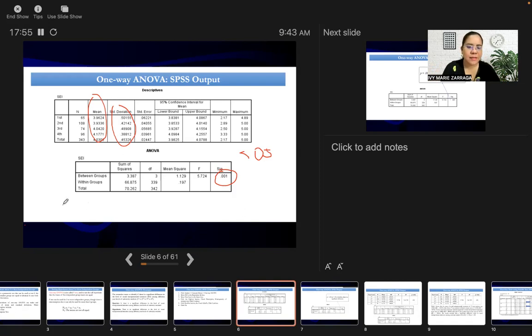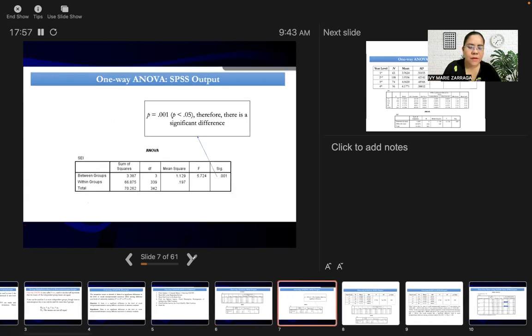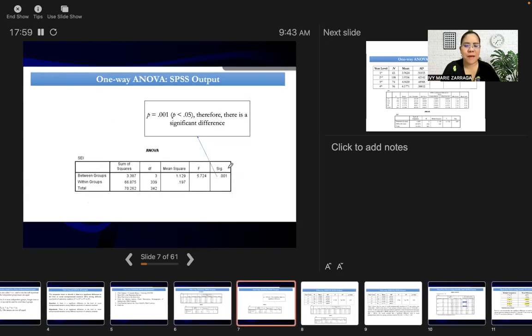So pag ganyan, ayan. So less than 0.05, therefore there is a significant difference. So may pagkakaiba. Pero hindi masasagot ni ANOVA saan may pagkakaiba. Ang madalas ginagawa na lang ay yung sa mga researcher na wrong practice din na hanggang ANOVA lang sila.